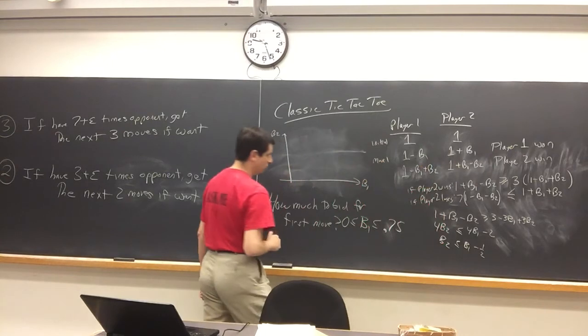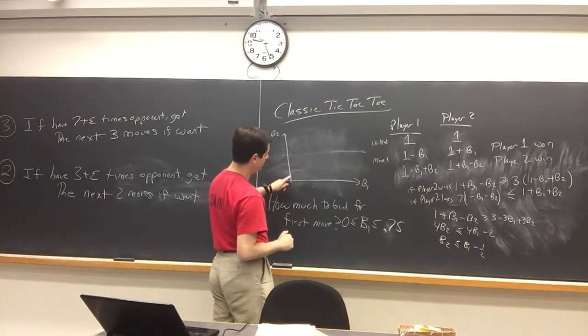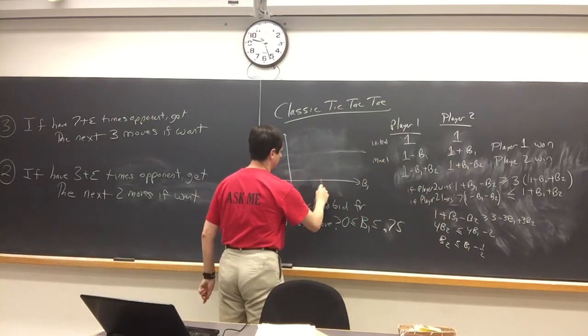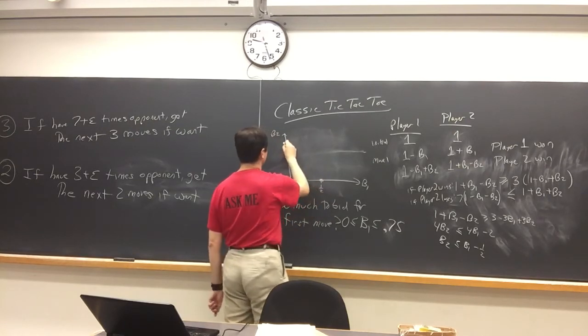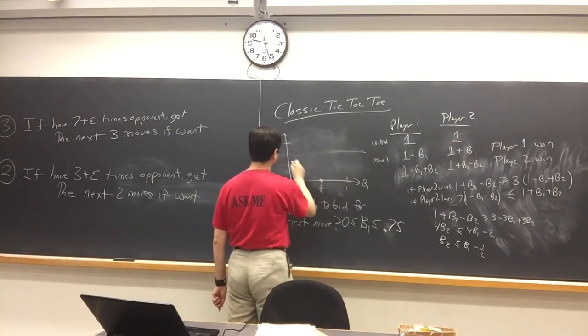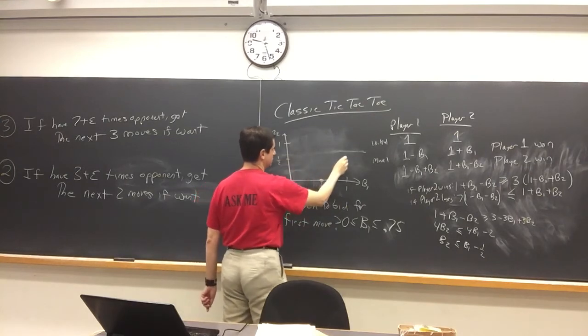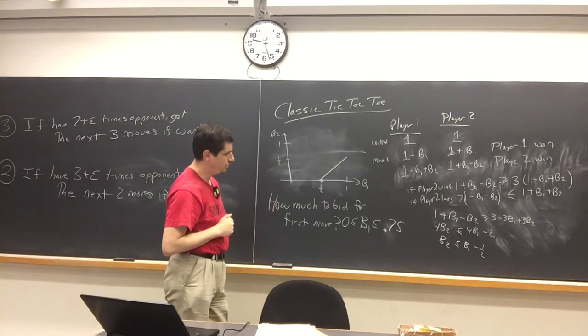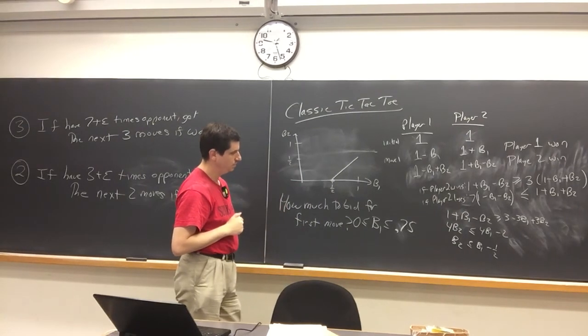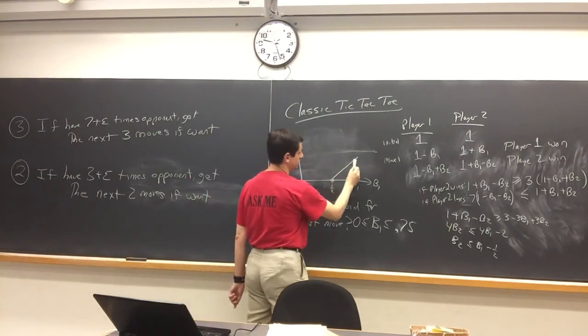So when b1 equals a half, b2 equals 0, and here's 1, here's 1, here's 1/2. It's going to be like this. And we want b2 to be less than or equal to b1, so it should be this region down here.